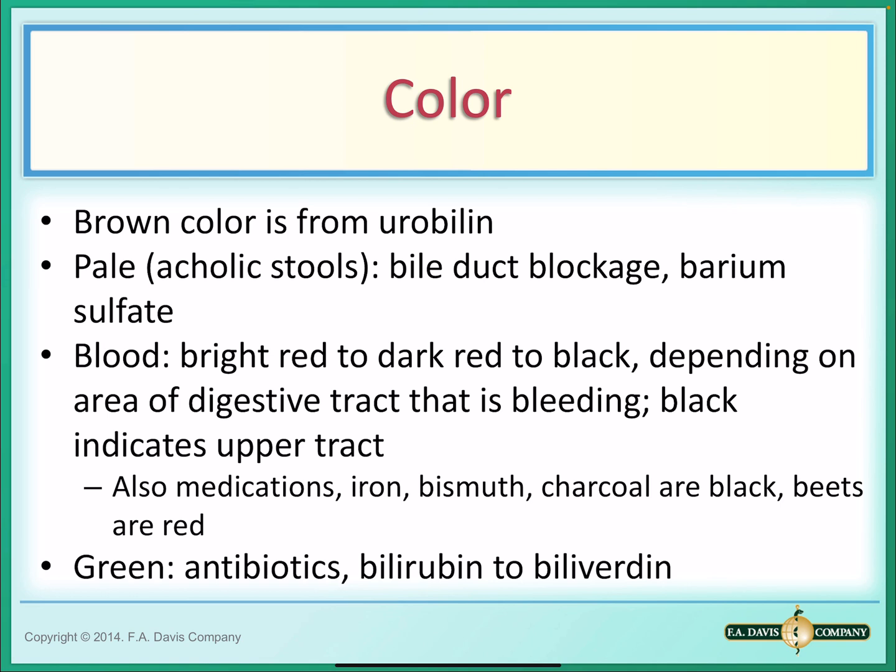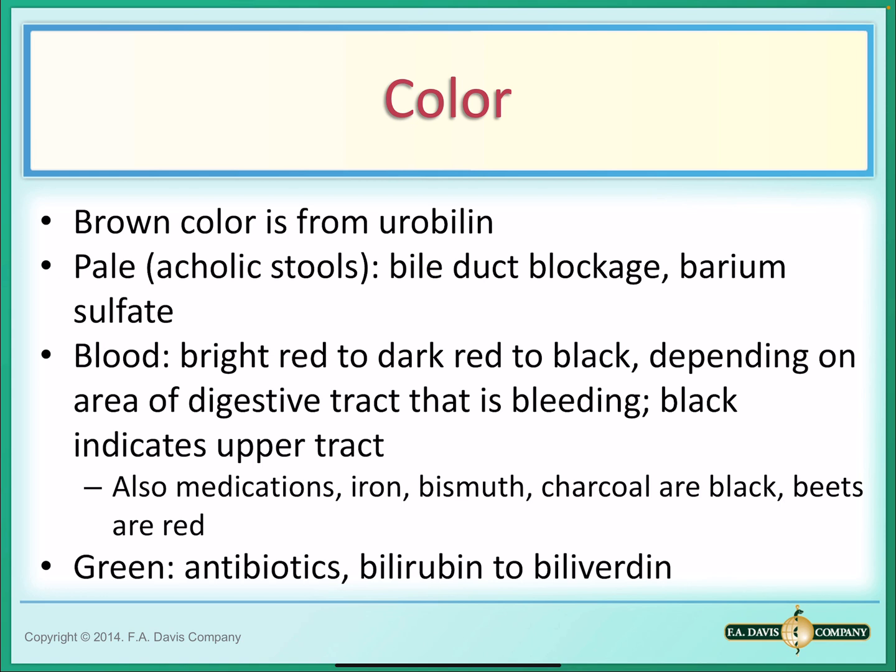Both black and red stools should be tested chemically for the presence of blood, because ingestion of iron, charcoal, or bismuth often produces black stool, and some medications and also some foods, including beets, produce a red colored stool.